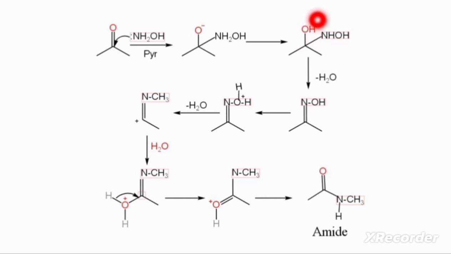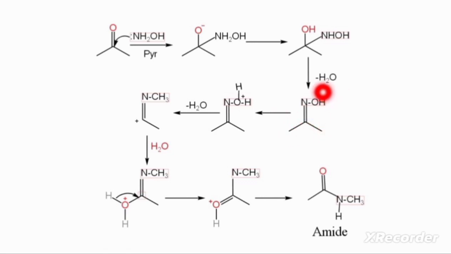This oxygen takes a proton from here, and the electrons involved in the NH bond form a bond over here. You can see this here. This species is called oxime. This is oxime. This oxime on protonation undergoes rearrangement reaction, to be specific, Beckmann rearrangement.